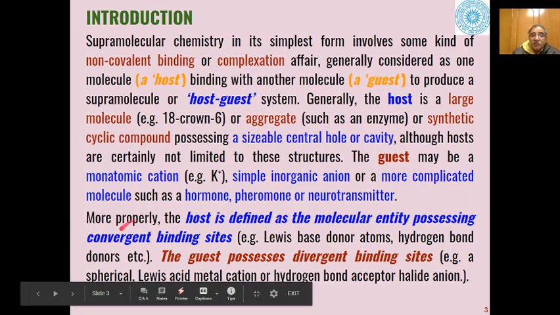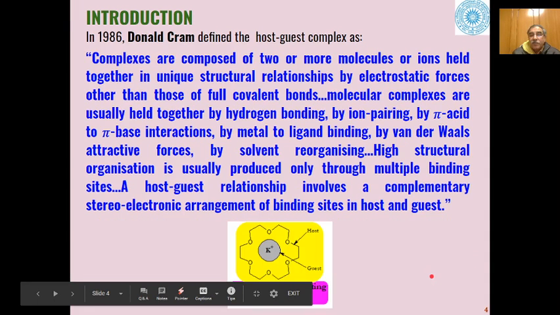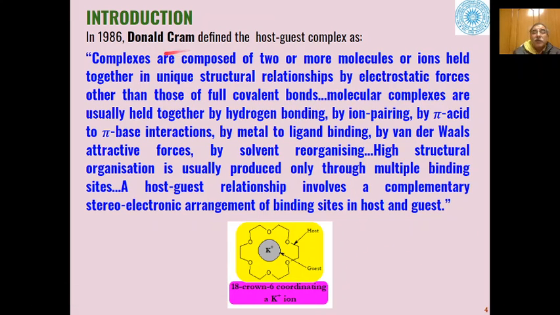This is a convergent binding site. This is a divergent binding site. So the guest will bind to the host molecule. A more complete definition of these host-guest complexes was given in 1986 by Cram.